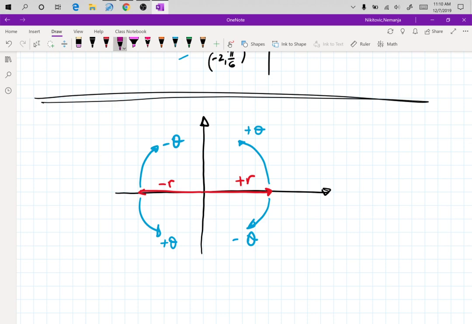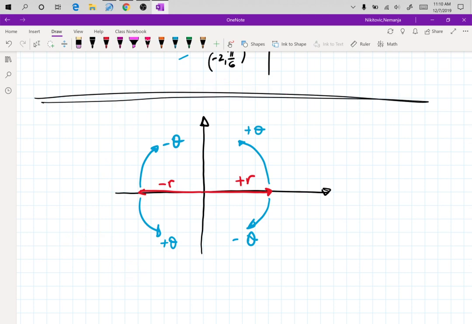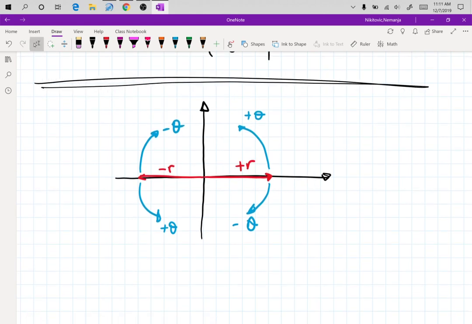If you want a single concept for angles, just think that positive theta is always counterclockwise, and the negative theta is always clockwise. You can see that clockwise motion on the blue arrows is always negative theta. So there you go. That's it.